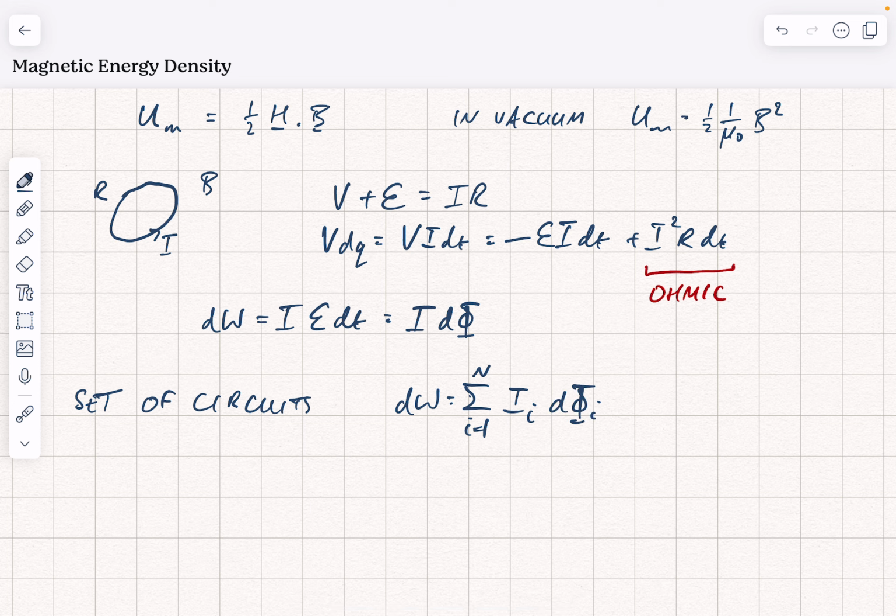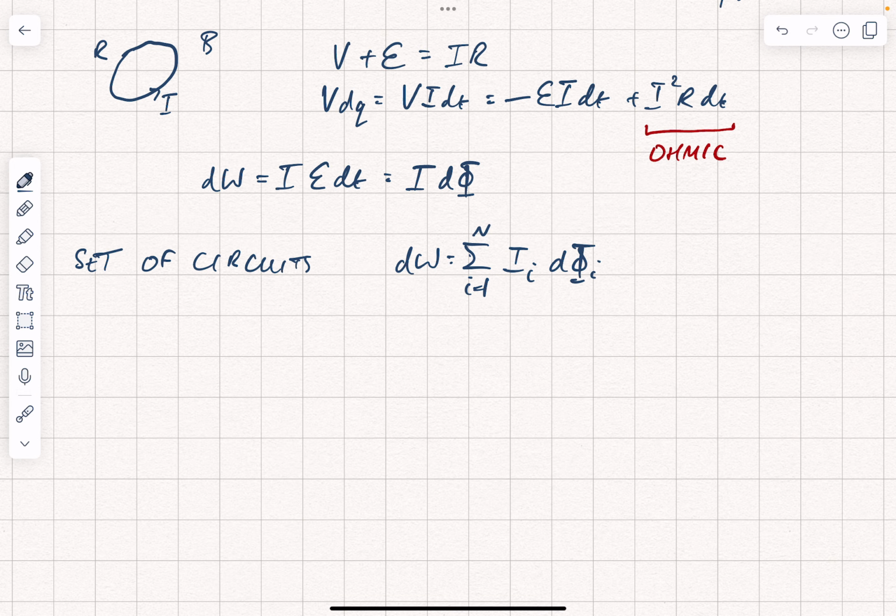Now, so long as the circuits themselves are rigid and we're in linear materials, we can start at zero current and then just gradually increase over time, and we're going to do that by writing the current at any given time as I prime, which is going to be some parameter alpha multiplying the final current, and alpha is going to go from 0 up to 1, and that will allow us to integrate over time. Of course, if we're doing that, then we also have to think about increasing the flux over time.